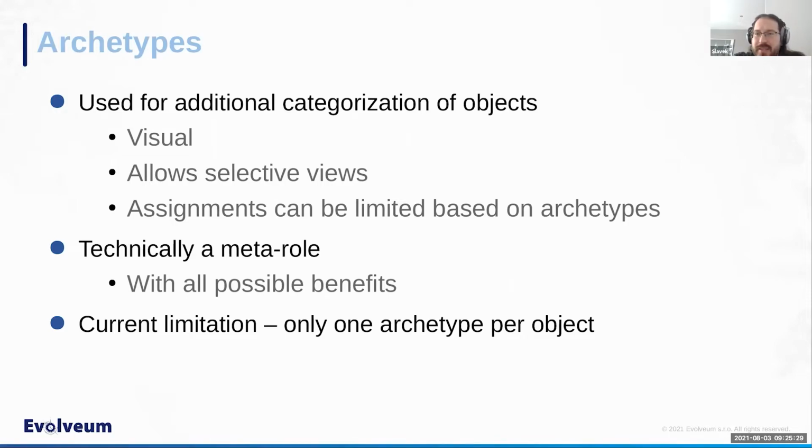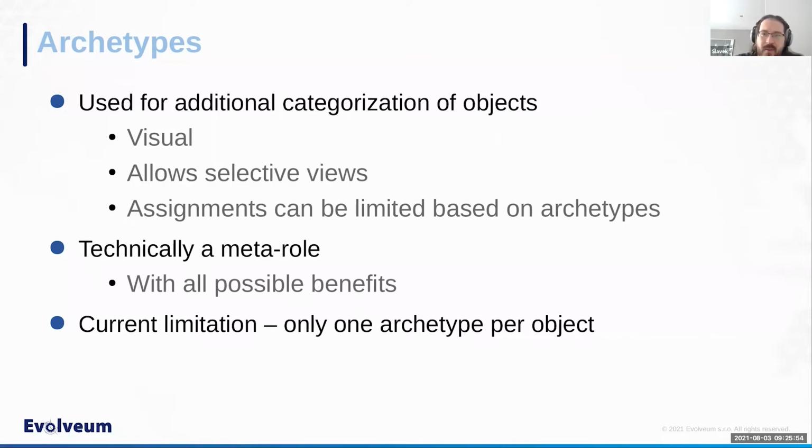And on top of this, you can define archetypes. Archetypes are, I'm going to say, the principle for additional categorization of objects. So you have your users and you can define different archetypes, for example, to categorize them as internal users and external users.